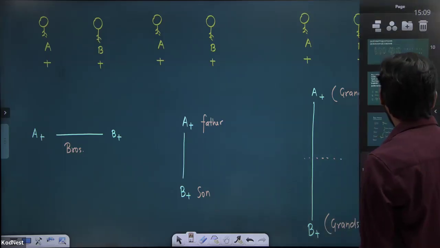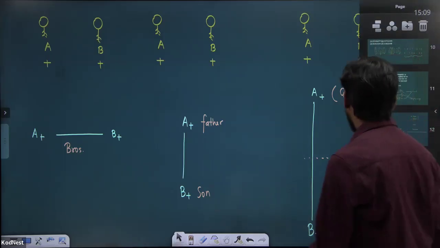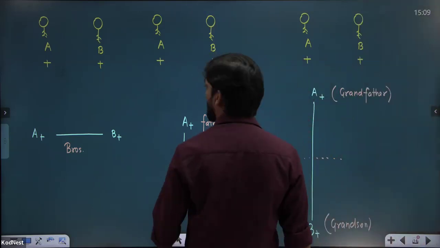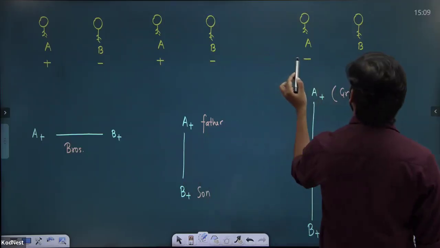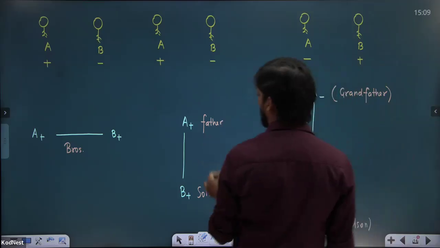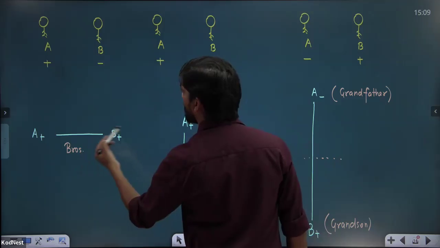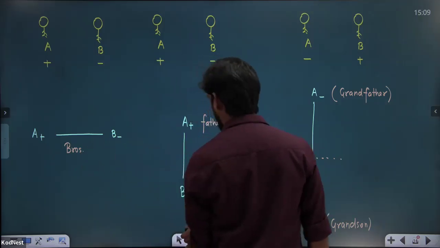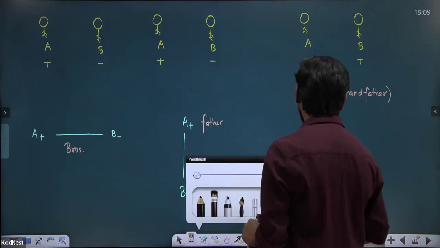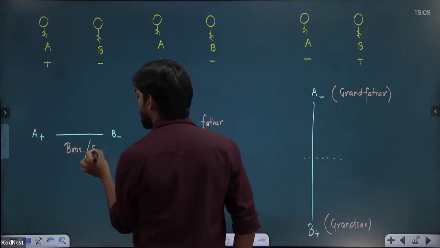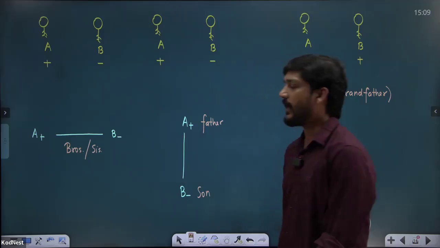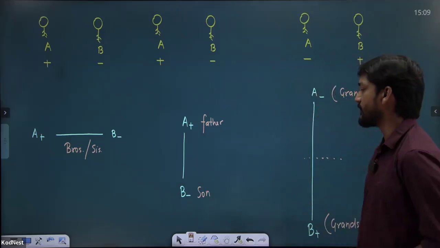Okay. Now, if I take female person, in that case, suppose I take B as minus, A as minus. So now I will say this is brother and this is sister. So brother sister relation, A is the brother and B is the sister.